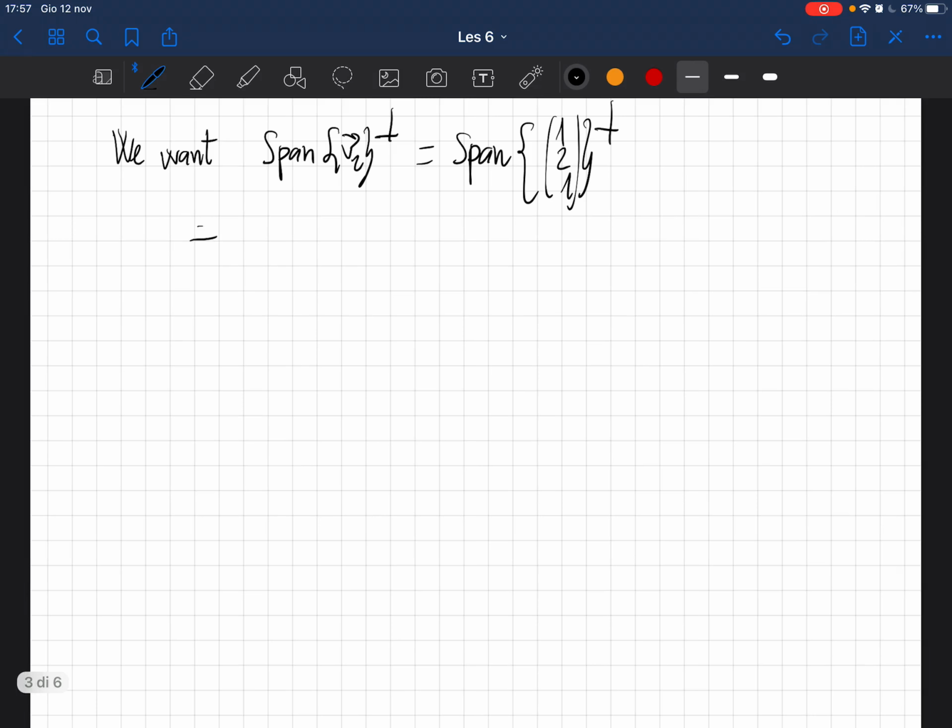So from what we said before, we can describe it as just the vectors x, y, z in R3 such that they are orthogonal.